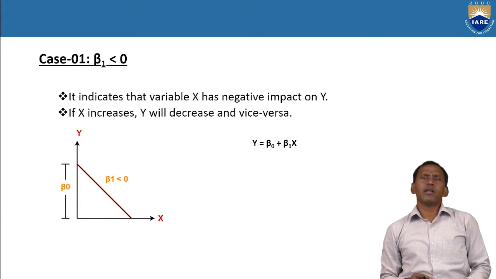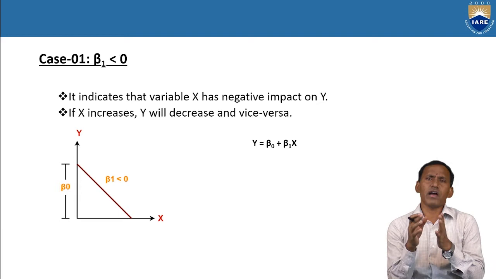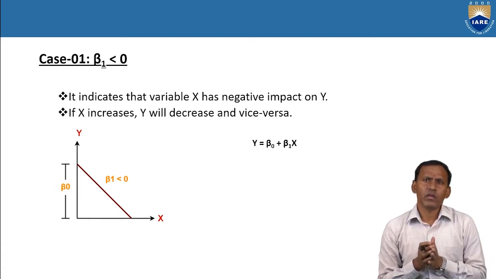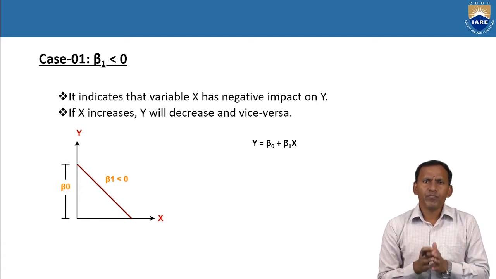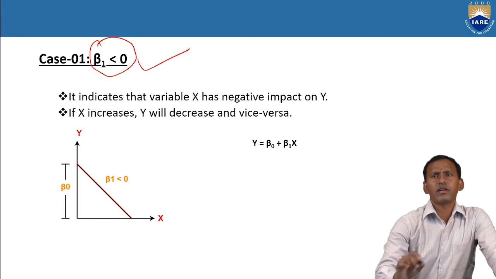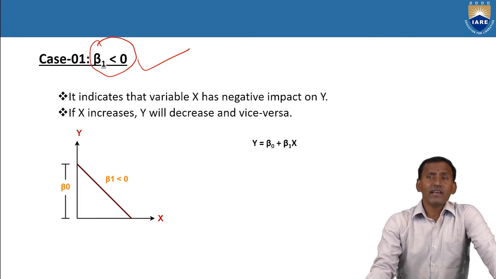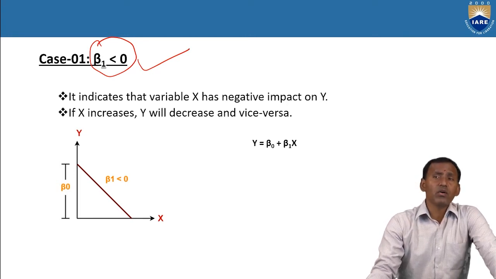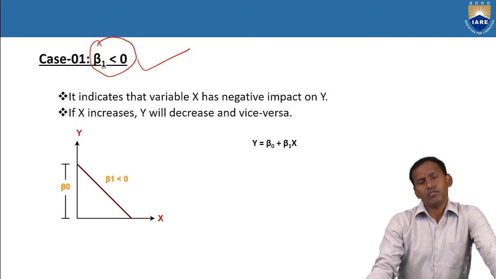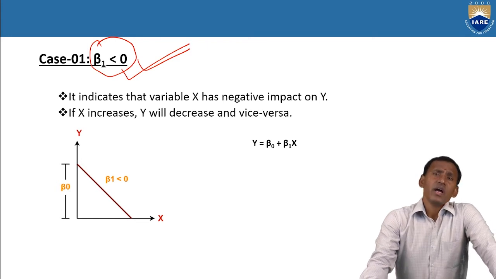Here the regression lines are of 3 types, depending on the value of B1. Whenever B1 is less than 0, it indicates that variable x has a negative impact on y. That means if x increases, y will decrease and vice versa.